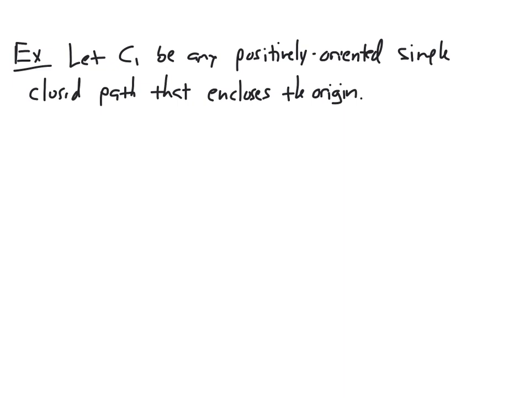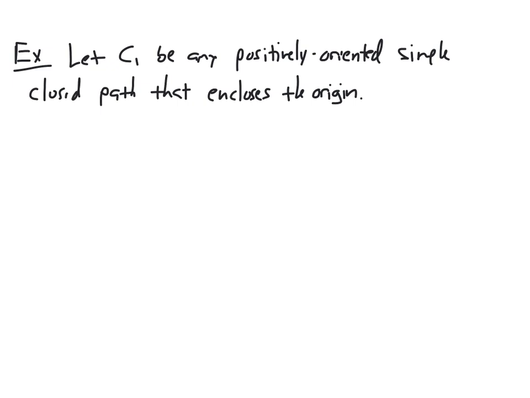Right, so we have a very general curve here. We don't have any kind of information about it. The only thing that we know is, of course, that it's positively oriented, so it is going to be oriented counterclockwise. It is going to be simple. It's not going to cross itself. It's closed, so it's going to start and end at the same point. And the only real piece that we know, in addition to those basic assumptions, is that the origin has to be inside the region.